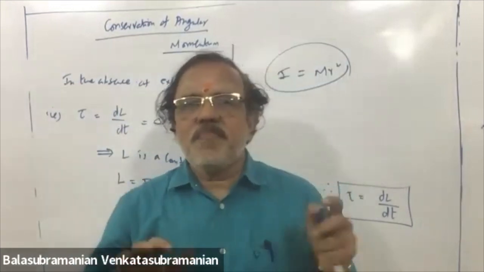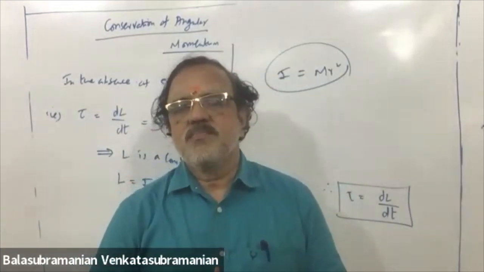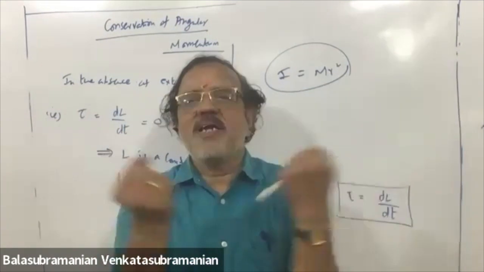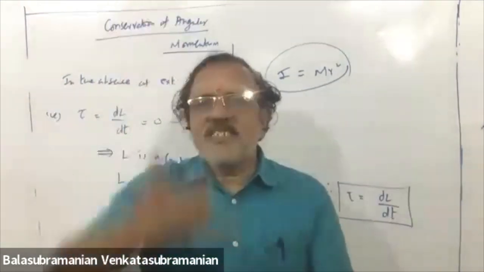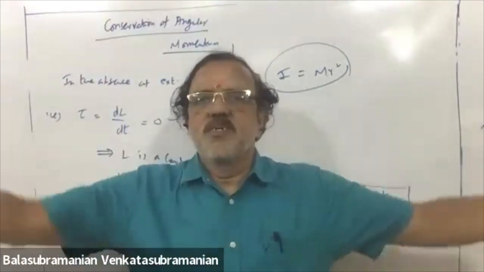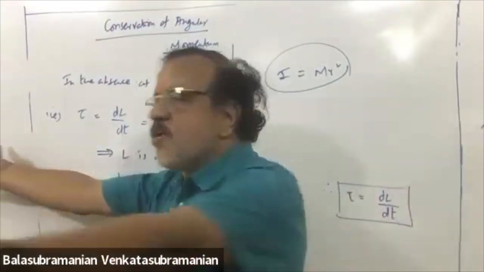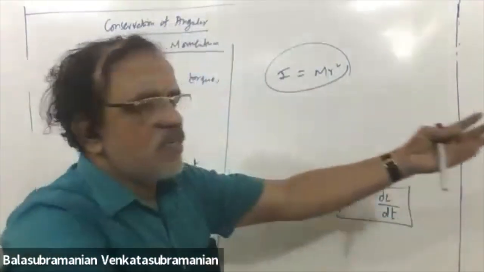So imagine a person holding a dumbbell in his hand, some weight. This is the axis of rotation. So he is extending his arms and rotating like this.